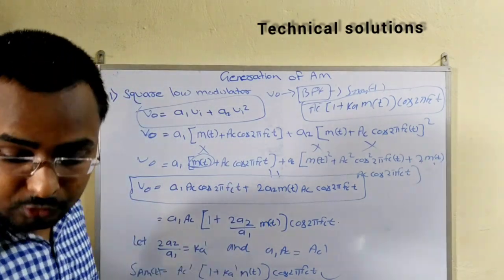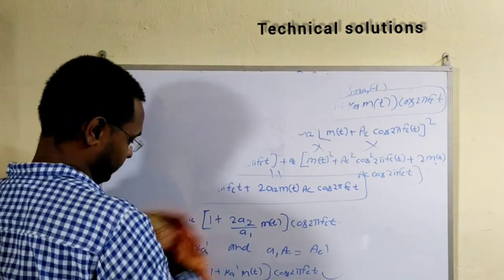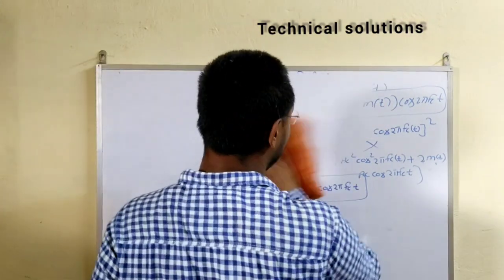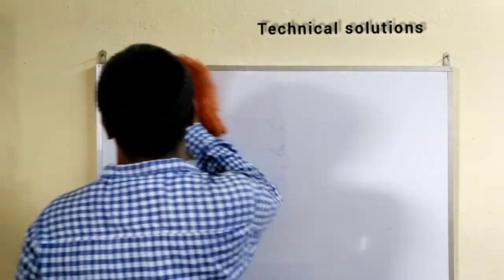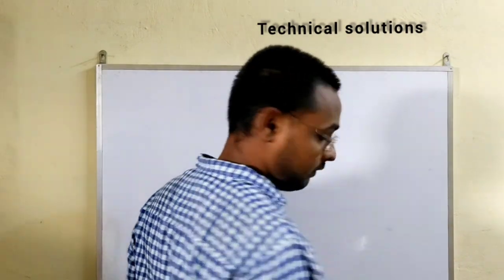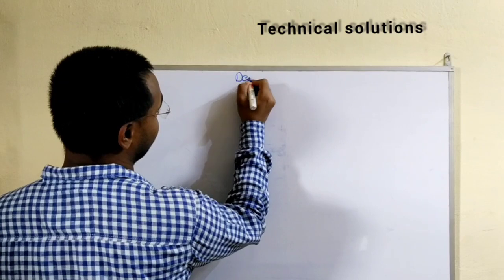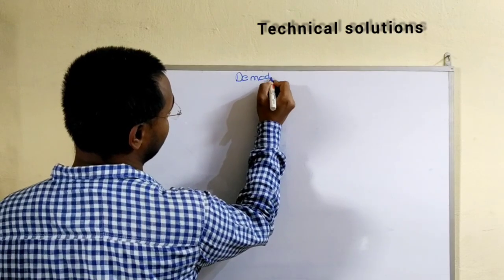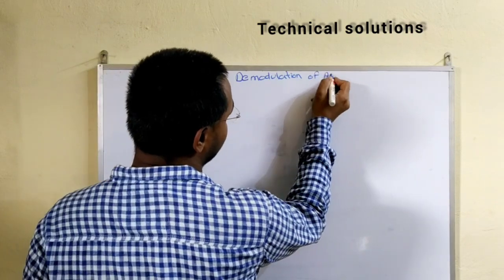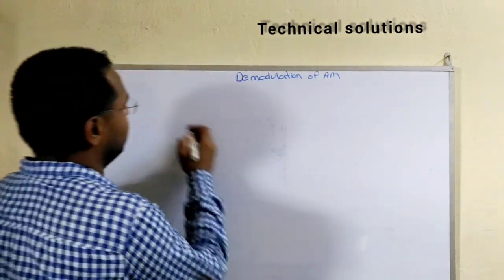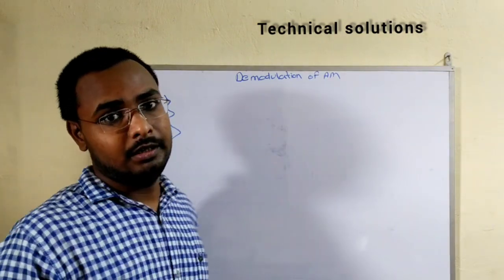Now our next topic is demodulation of AM signal. We generate AM at the transmitting end, and at the receiving end we have to demodulate the AM signal also. Demodulation of AM. There are three methods to demodulate the AM.